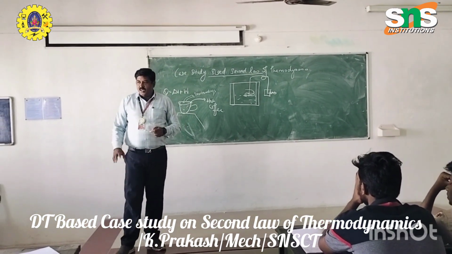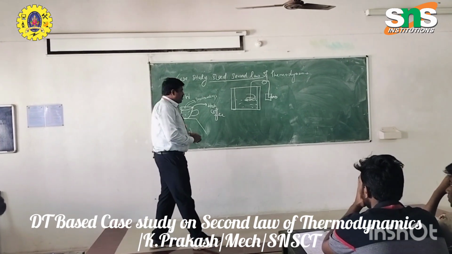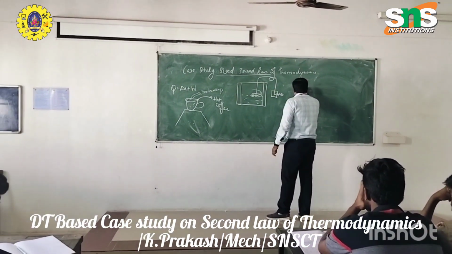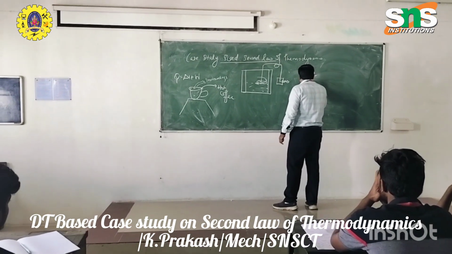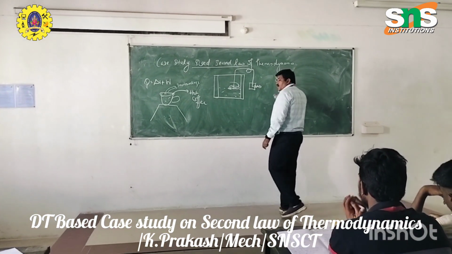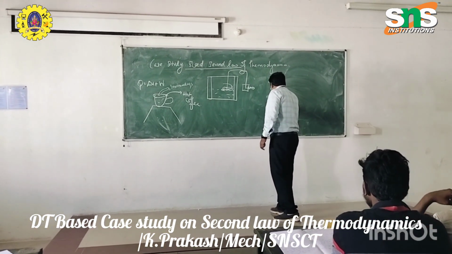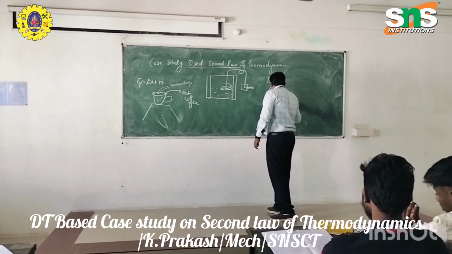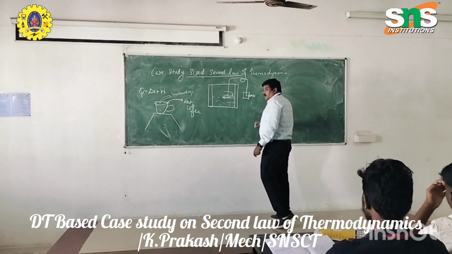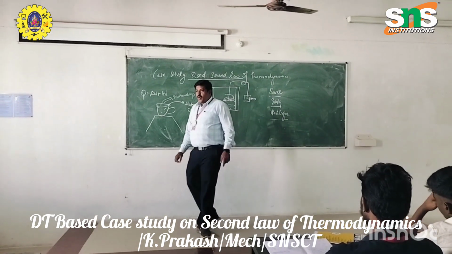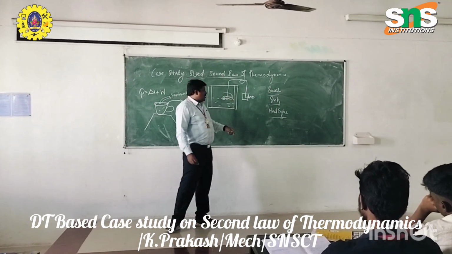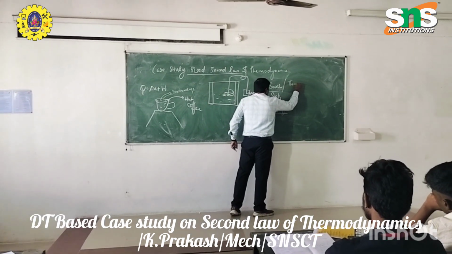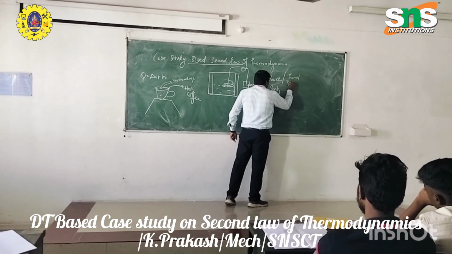Now let us see how this is made possible. For this we have to know three things: a source, a sink, and a heat engine. The source is called a thermal reservoir.